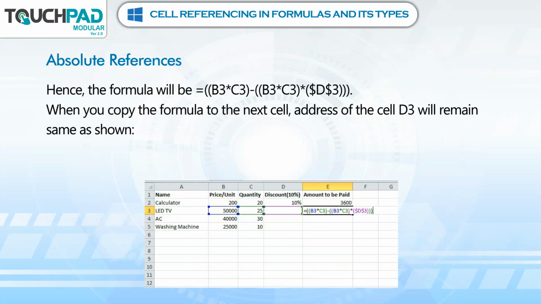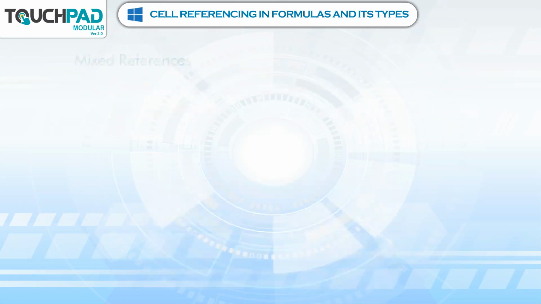Hence, the formula will be =B3*C3-B3*C3*$D$3. When you copy the formula to the next cell, the address of the cell D3 will remain the same as shown.